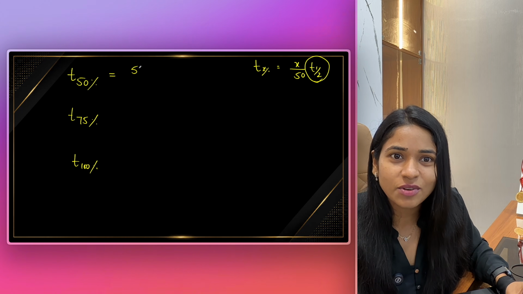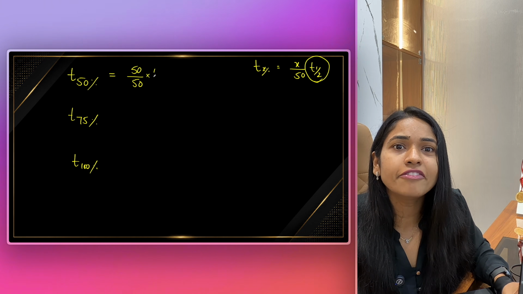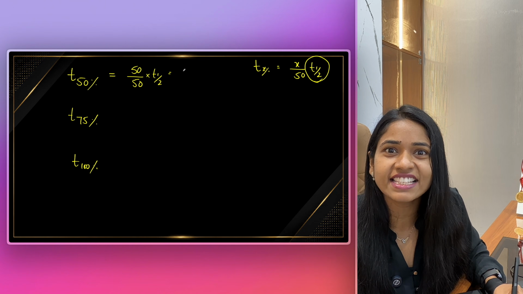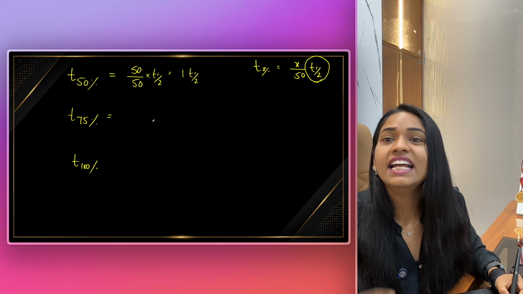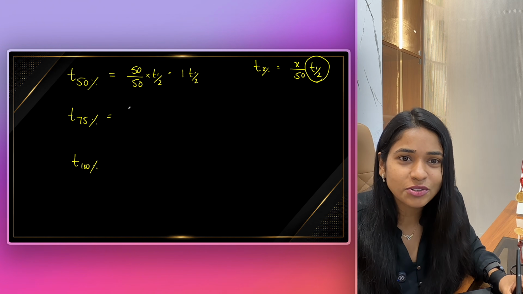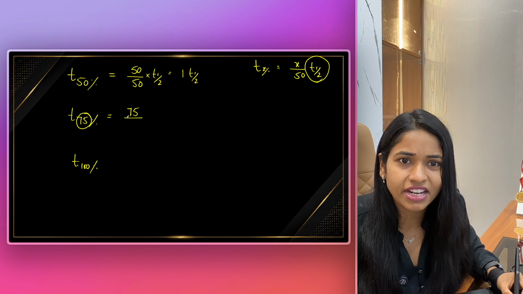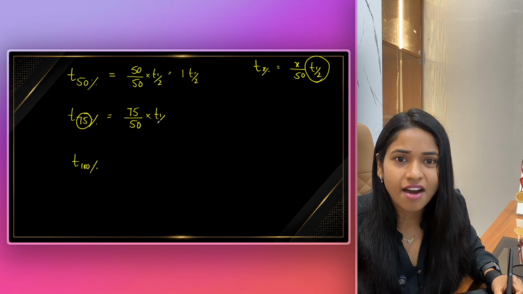See, for example, T 50% means 50% of the reaction completed. So the x value is 50 divided by 50 into half-life, 50 and 50 get cancelled, so 1 T half. Then let's say, for example, T 75%, how to do it? The x value is the same number, 75 divided by 50 into T half.